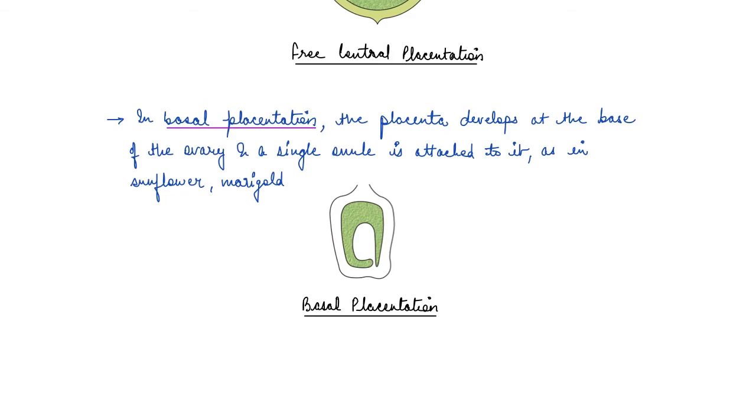So this is all about the parts of a flower and what exactly placentation is. So guys, with this we have covered the entire topic of flower, and in the next video we are going to start with fruit and seed. I hope you understood what the parts of the plant are, how it looks, and what we call it differently if it is differently formed in the flower, right?